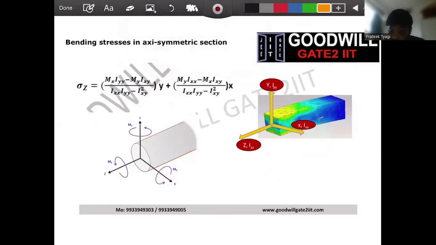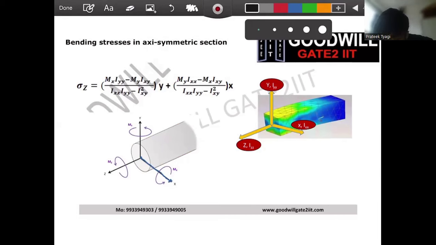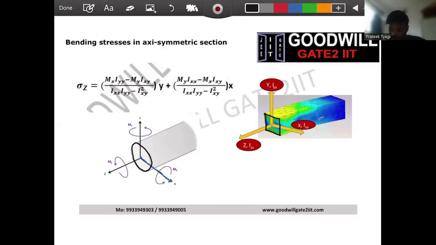Now in this cross section, this is my x-axis. Guys, please listen to me very carefully. I have taken another example in which my cross section is a rectangle. Here, my cross section is circular. Any shape, I don't bother. Then this is the x-axis. Now I want you to be clear in this. When I say x-axis, at this point, this is the centroidal axis. X is 0 here.